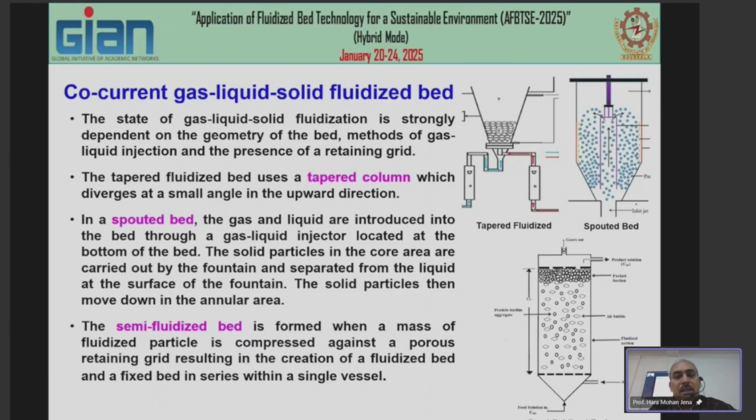The solid particles in the core area are carried up by the fountain and separated from the liquid at the surface of the fountain. The solid particles then move down in the annular region. So solid moves upward like this, then falls like this.